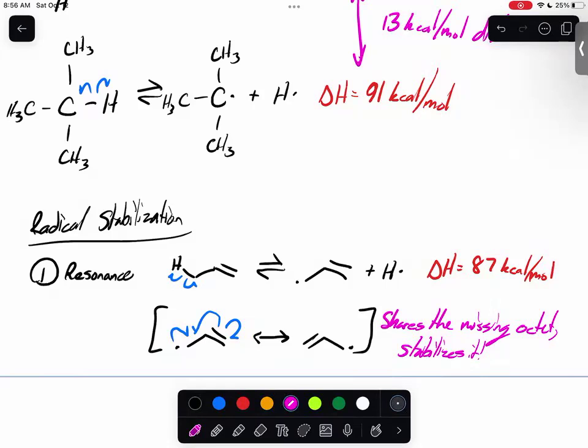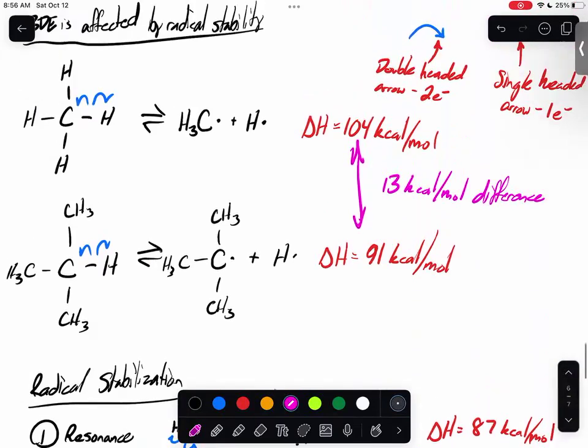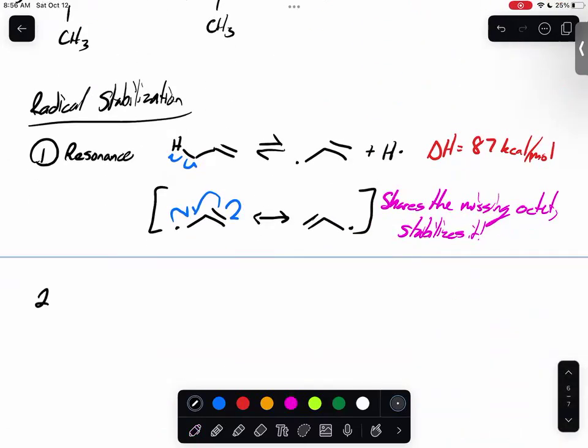So resonance can stabilize radicals, right? And it stabilizes them quite a bit. But the thing is, that doesn't account for the stabilization up here because these are all sp3 hybridized carbons, right? So the second type of radical stabilization is something called hyperconjugation.